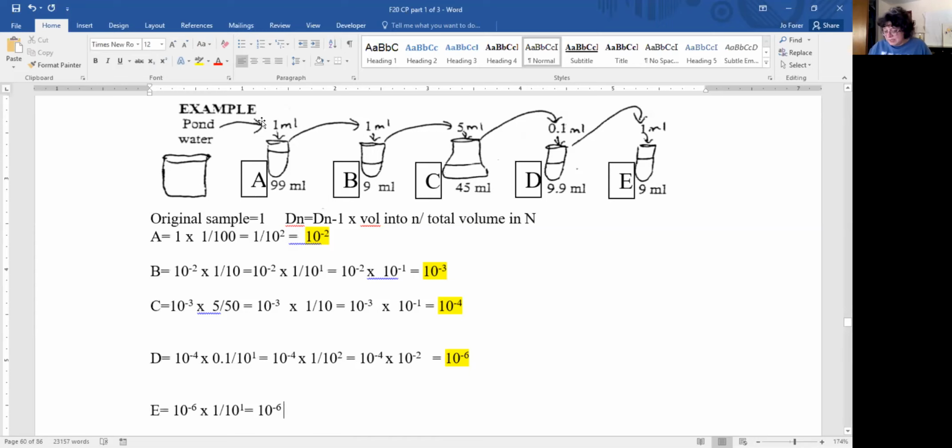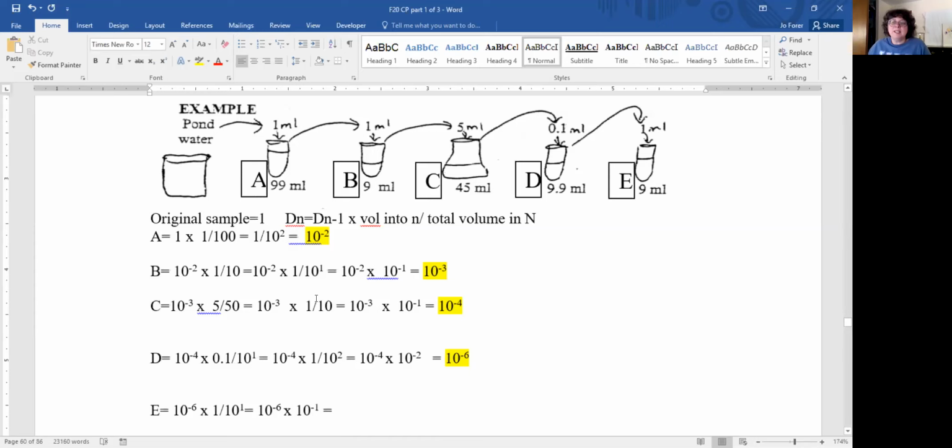Okay, so we're going to say that that's the same as 10 to the negative 6 times 10 to the negative first power, because 1 over 10 to the first is the same as just 10 to the negative first.